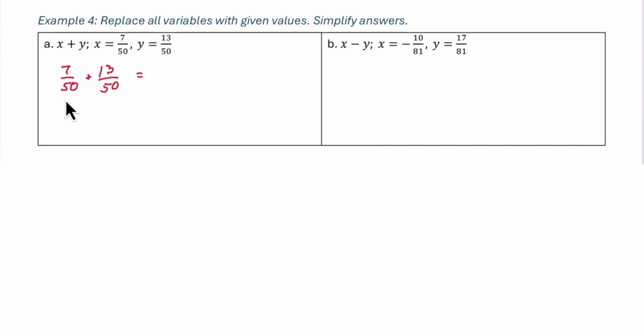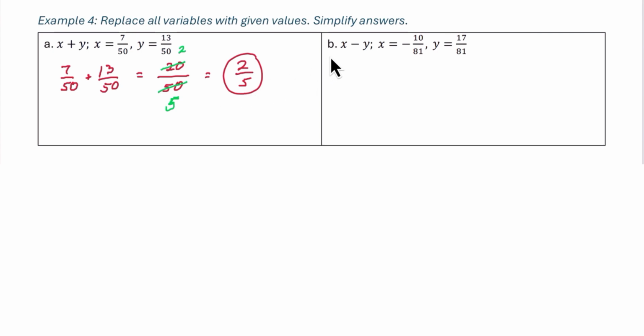So the denominator stays the same. And we add the numerator. 7 plus 13 is 20. And this will reduce. 20 and 50 have a GCF of 10. So let's divide 20 by 10 and divide 50 by 10. And we get 2 and 5, which means this simplifies or reduces to 2/5.